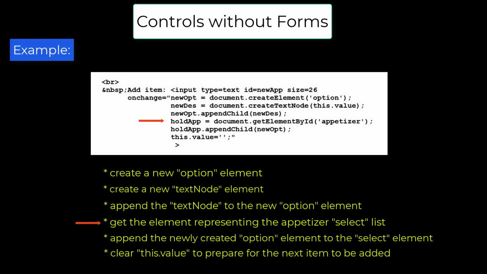Now, hold app equals document.getElementById appetizer and hold app.appendChild new opt does the work. And then this.value equals quote quote to clear it out. This displays as before, but now allows users to add items to the menu. Let's watch a demo.